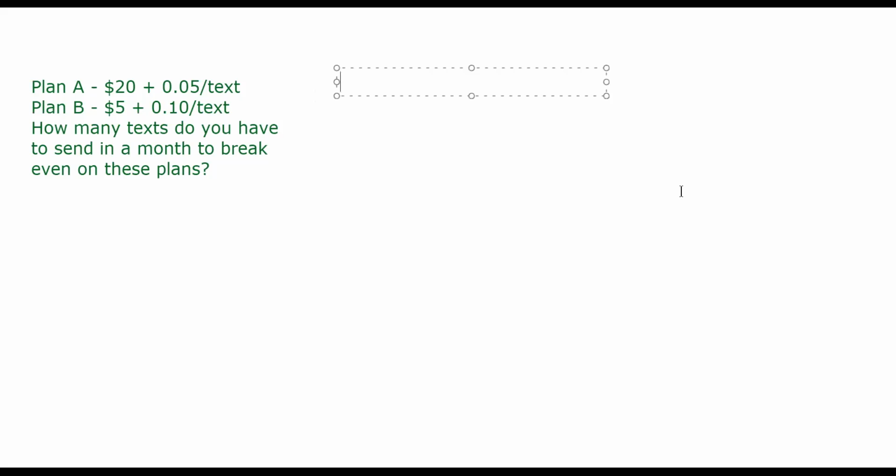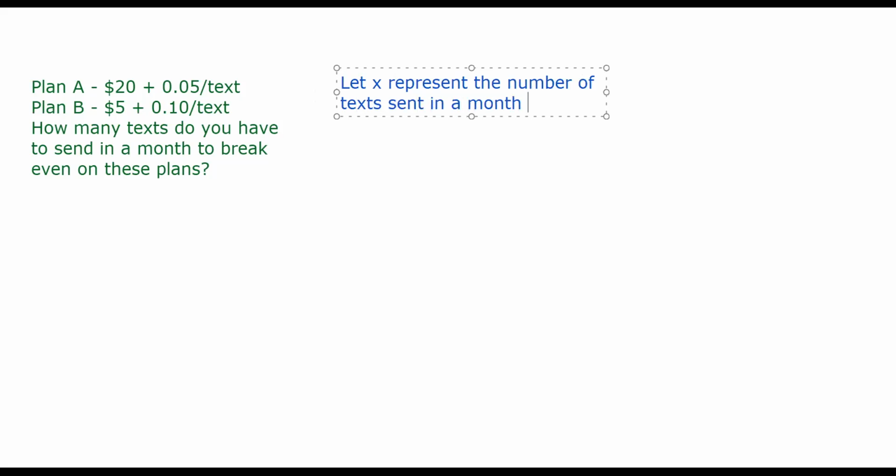When I do these word problems, I like to literally write out in English exactly what the variable represents so I don't lose sight of things. So we're going to let X represent the number of texts sent in a month so the two plans are even in price. So they have the same price basically total.